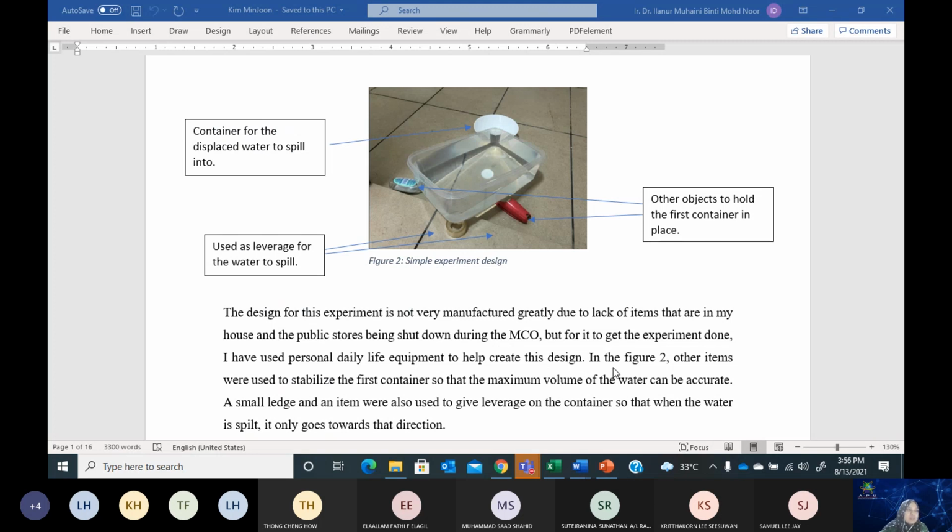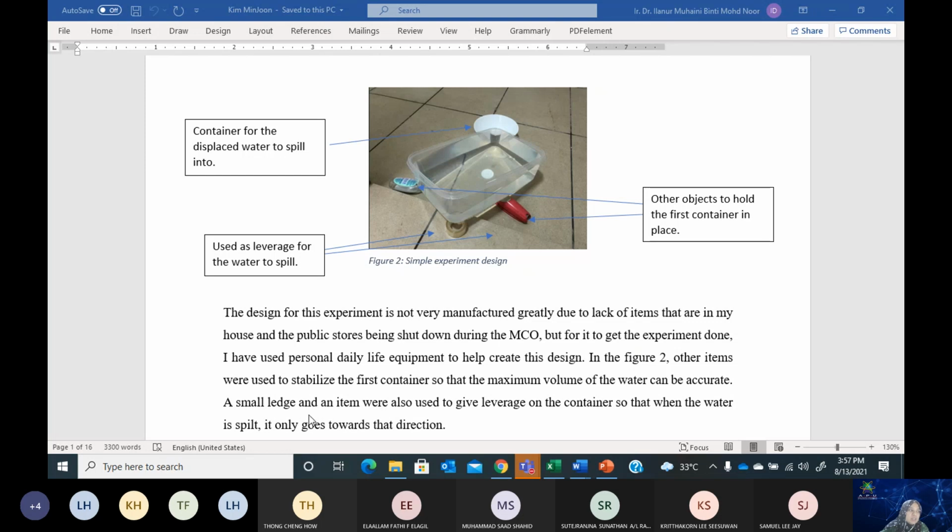Even though with comma. In the Figure 2, Figure with capital letter F. This one capital. "Other items were used to stabilize the first container so that the maximum volume of water can be accurate.